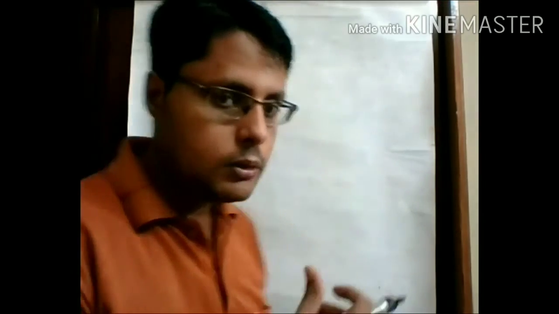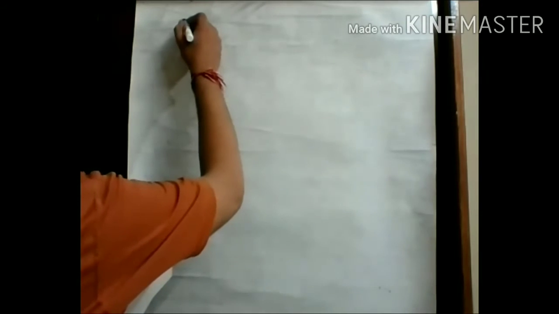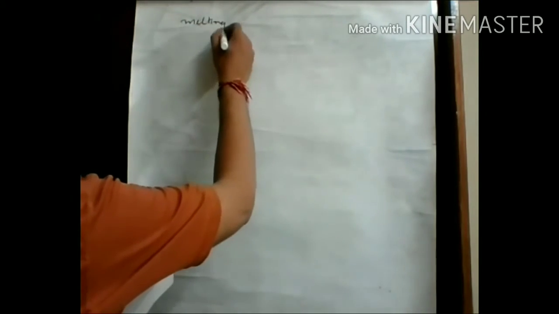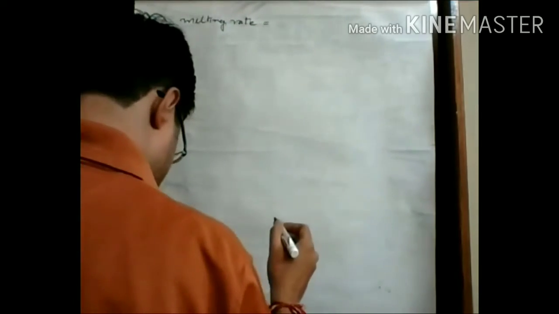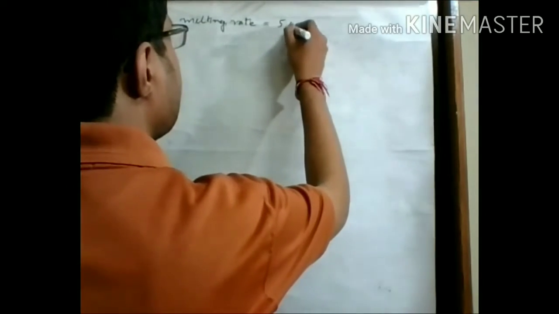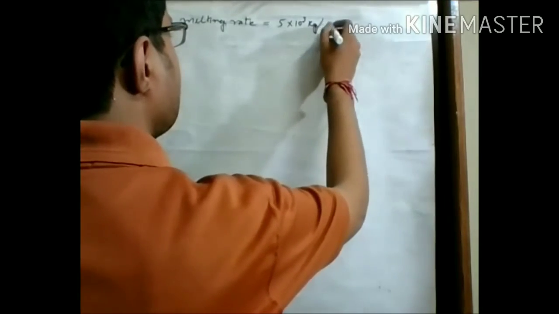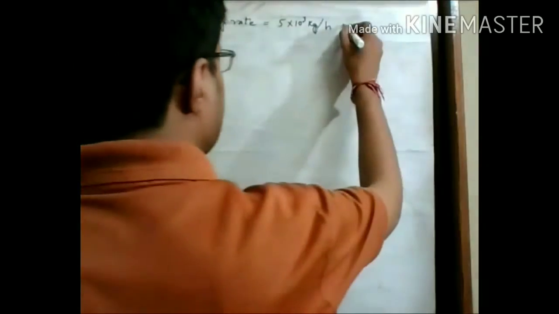Suppose there is the iron, which has a melting rate of 5 tons per hour. That means 5 into 10 to the power 3 kilogram per hour. That is the melting rate of iron.